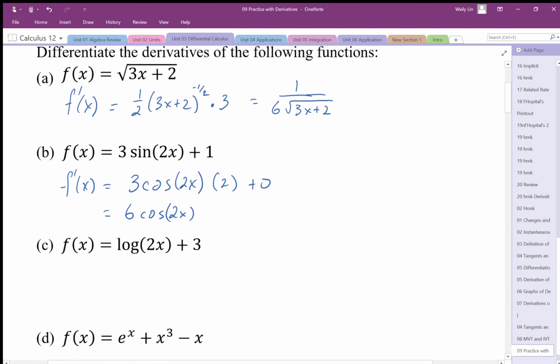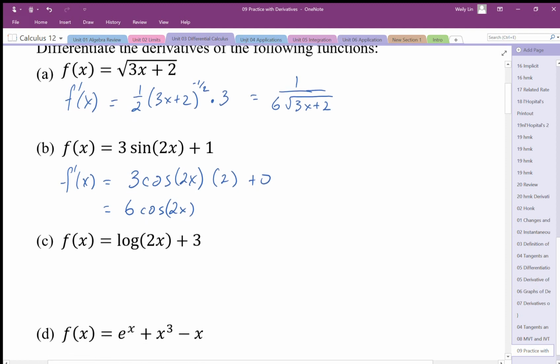For this one here, we can apply our log rules. If we look at our formula sheet, so I gave you a second to look at your formula sheet, the derivative of log. Okay, so when we differentiate log, we're going to do the 1 over the argument.